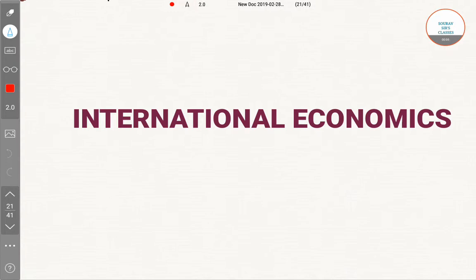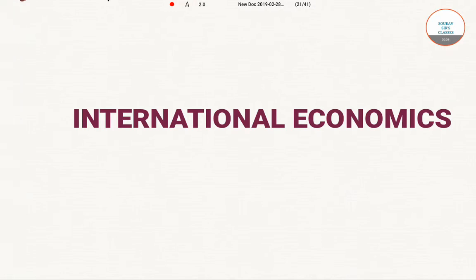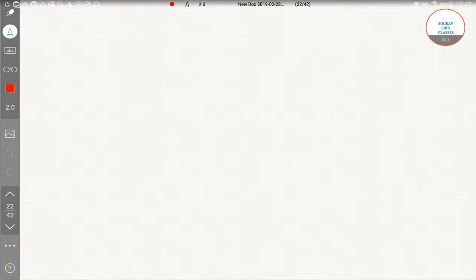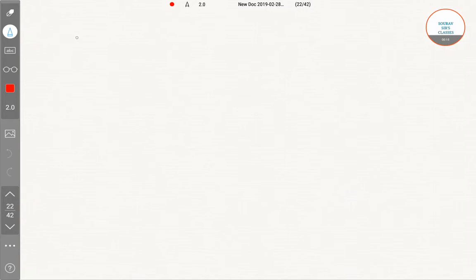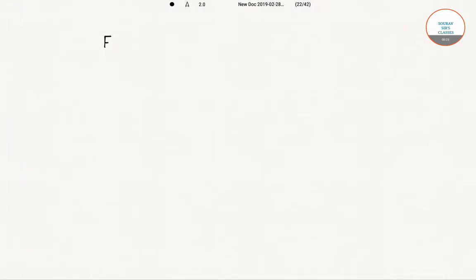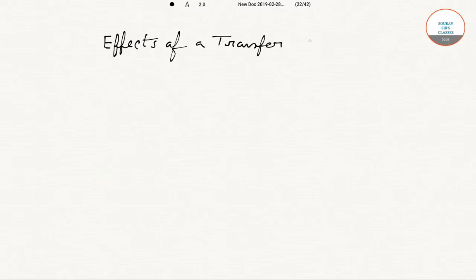In today's lecture we'll be talking about international economics. We'll be focusing on a topic called the effects of a transfer on the terms of trade.